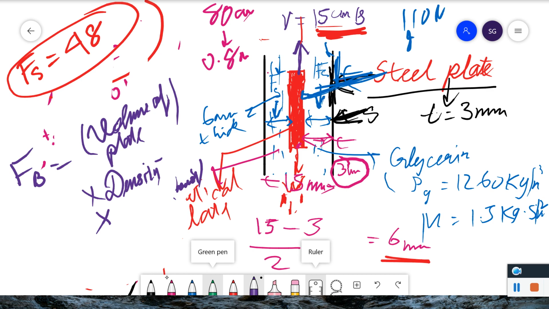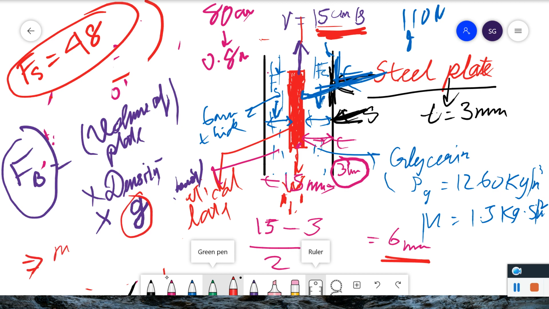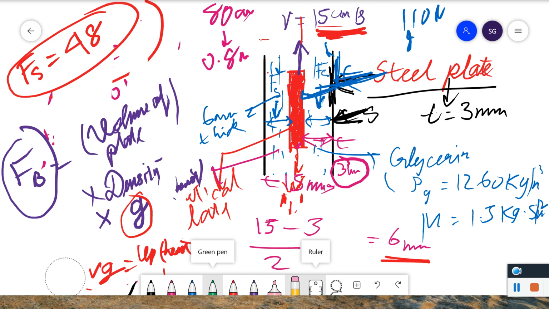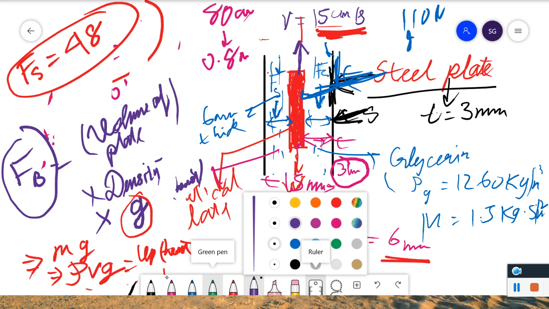So this would be density into volume gives mass, and this is g, means we got the weight. Since we are calculating about Fb, you should never forget this. It is nothing but m into g, and m we have written as rho into V. So Fb is rho V g, the weight of the volume of the plate immersed, and this is equal to the upthrust. This is the Archimedes principle which you will study in the upcoming chapters. I will teach you that also.